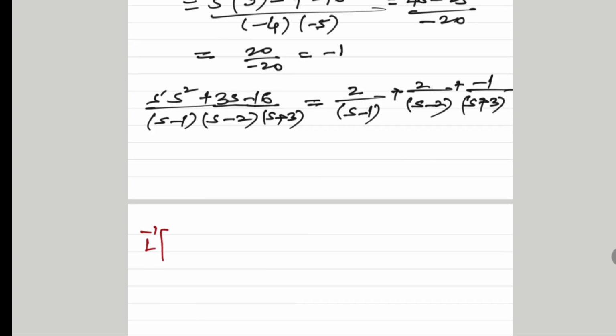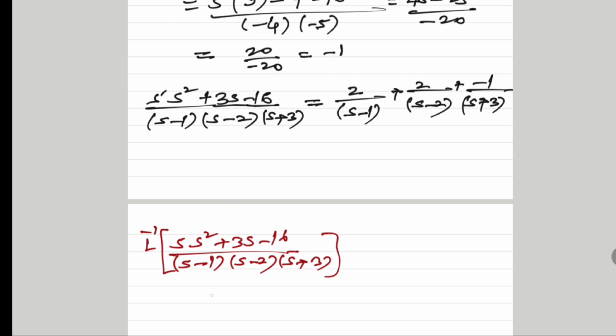Inverse Laplace of the left hand side, 5s square plus 3s minus 16 whole divided by s minus 1, s minus 2 and s plus 3, is equal to inverse of the right hand side.